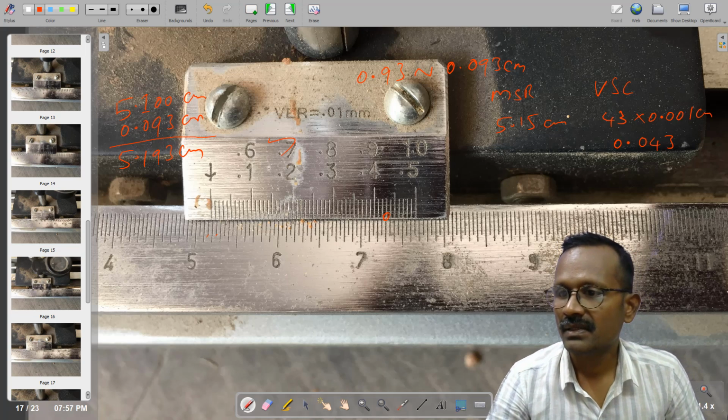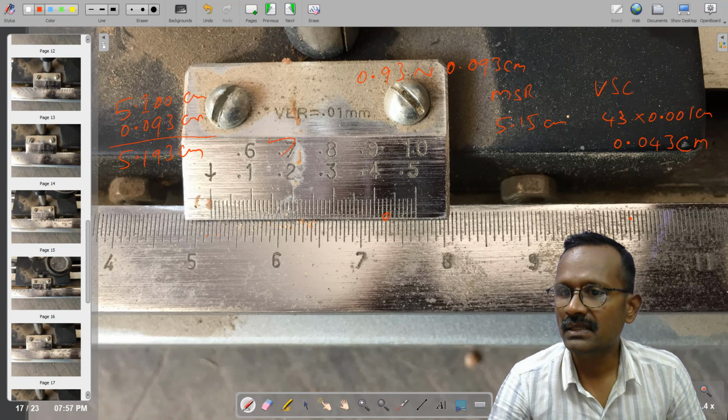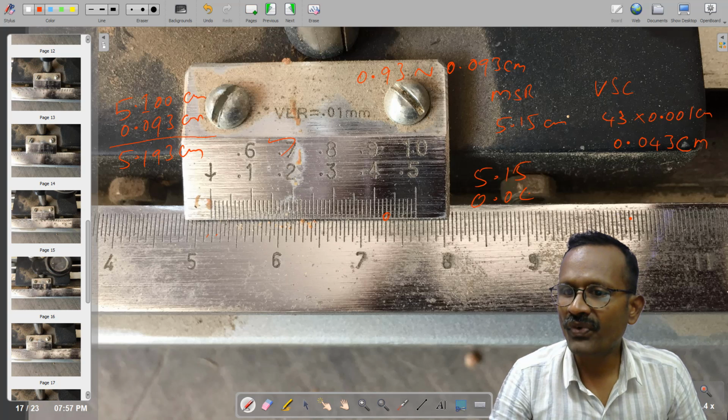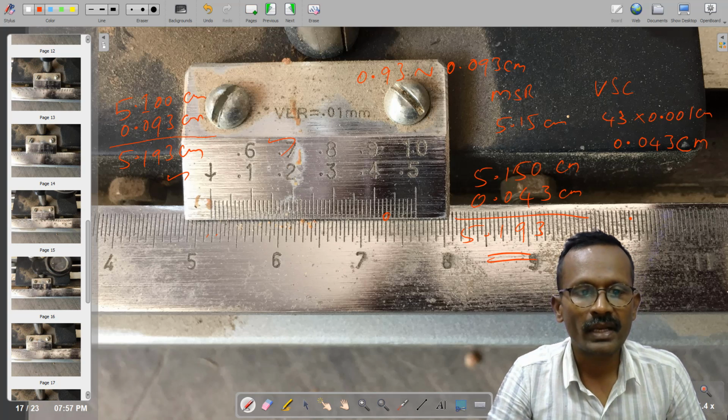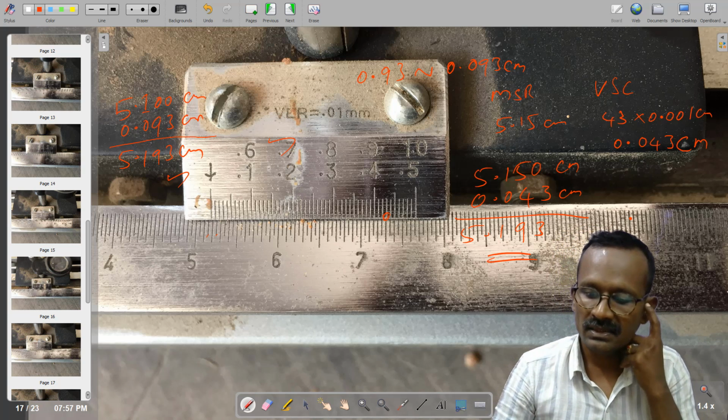We are right, I think. 0.043 centimeter. Add this to 5.15. This is centimeter, this is also centimeter. 5.193. Okay, right.